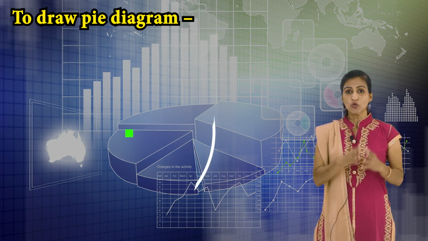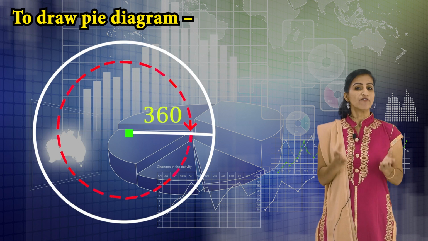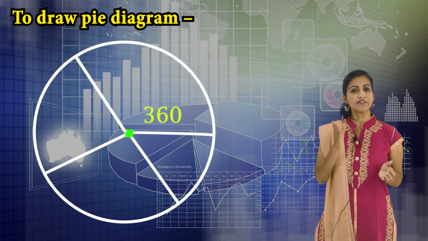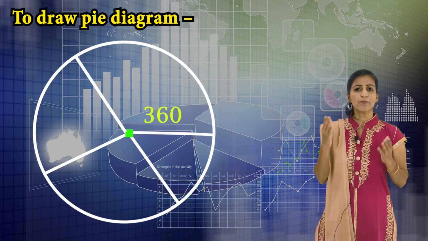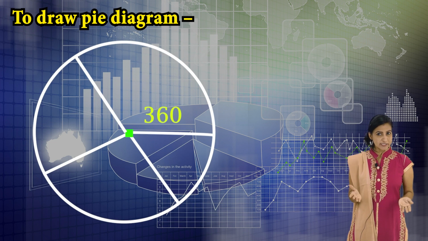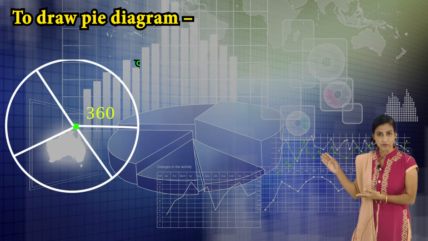We know that total measure of a circle is 360 degree. Hence, from the given information, to draw a pie diagram, the whole circle is divided into sectors proportional to the component of the data. For this, the measure of central angle of each sector is found by the following formula.